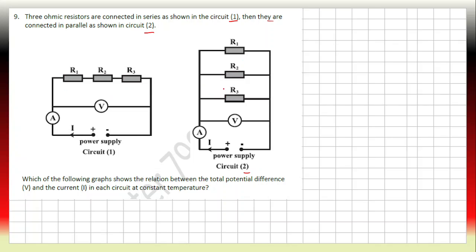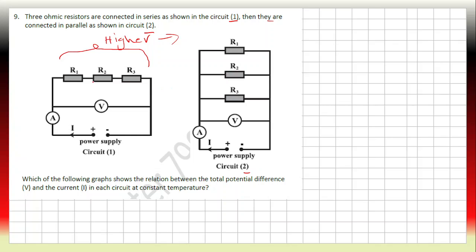What should come into your mind? The resistance here is going to be definitely, because they are connected in series, the total resistance is going to be higher than what we have here. So here it's going to be higher than this.